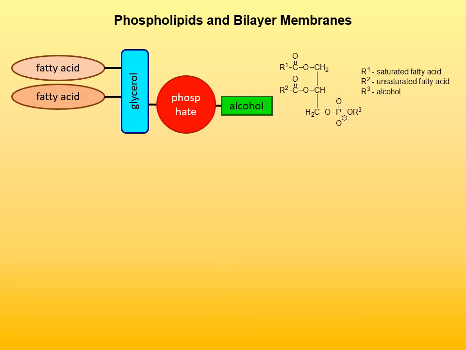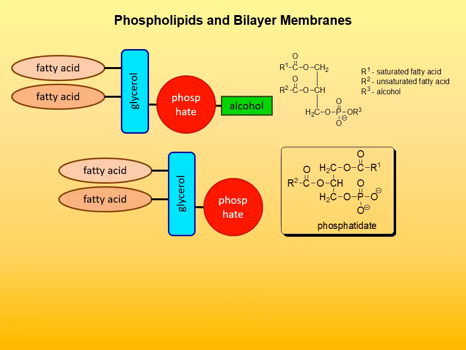The C2 fatty acid, attached to carbon 2, is esterified by an unsaturated fatty acid, and that's shown by a darker fill. And then carbon 3 is esterified by phosphoric acid. Then that resulting molecule is actually a molecule of phosphatidate. So this is phosphatidate. So the phosphatidate does not have an alcohol attached to phosphate.